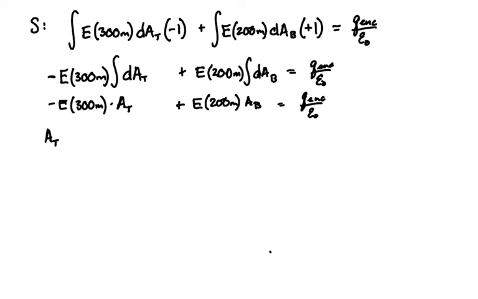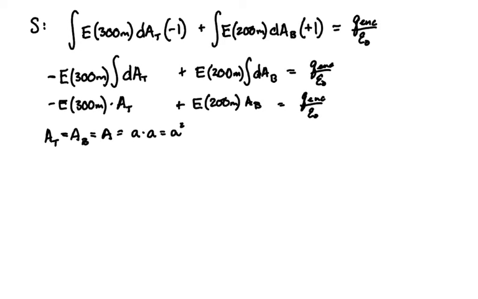So A sub t is equal to A sub b, and we can say that's all equal to the same area, just A. And as we identified on our last diagram, the side length, width, and height is little a, so that's all equal to a times a, or a squared.